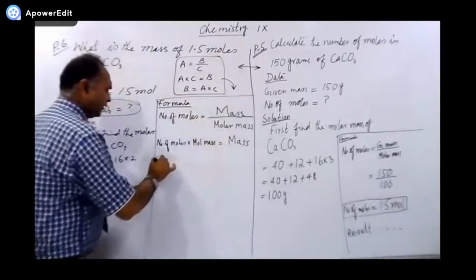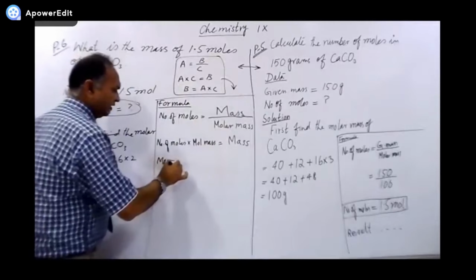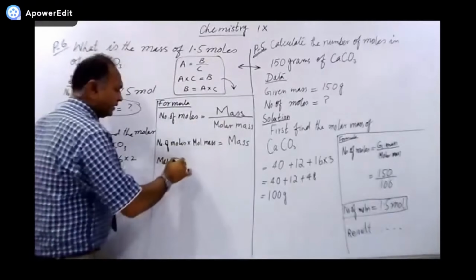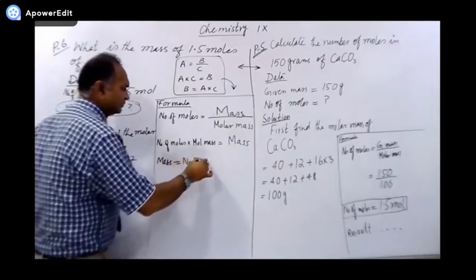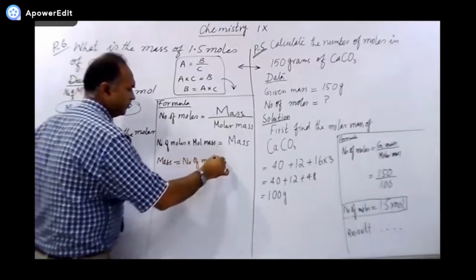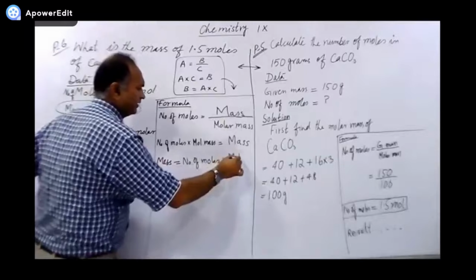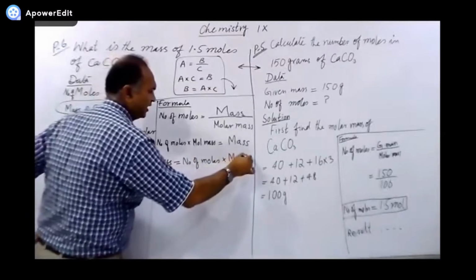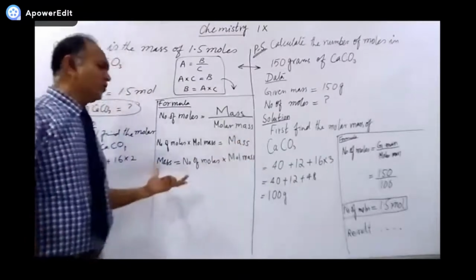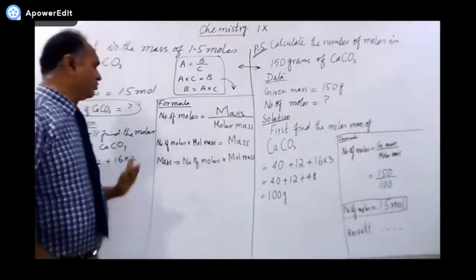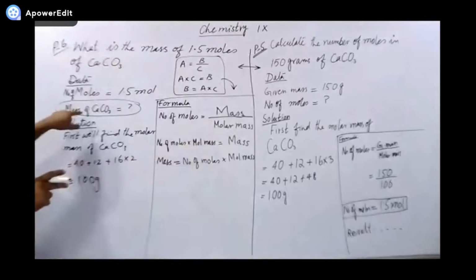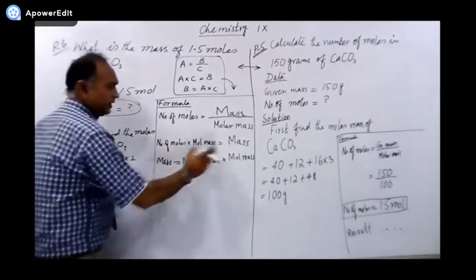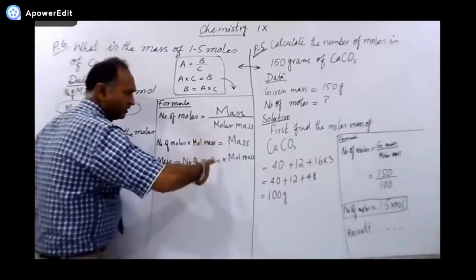Or the final formula is mass is equal to number of moles into molar mass, interchanging the sides. Why? Because generally whatever you want to find should be written on the left hand side. So since our task is to find mass of carbonate, that's why I just interchange their positions.